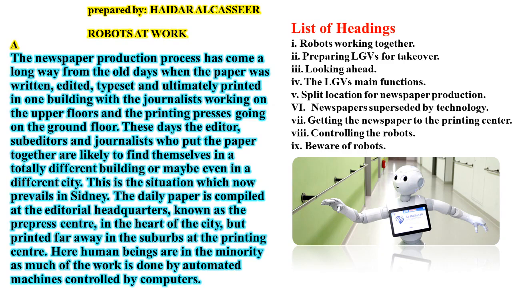It doesn't talk about that. Yes, they mentioned the printing center, but it doesn't talk about getting the newspaper to the printing center, since it's not the main idea. Controlling the robots. I see no robots here. Beware of robots. I see no robots here also, and no warning here. So the answer is split location for newspaper production.